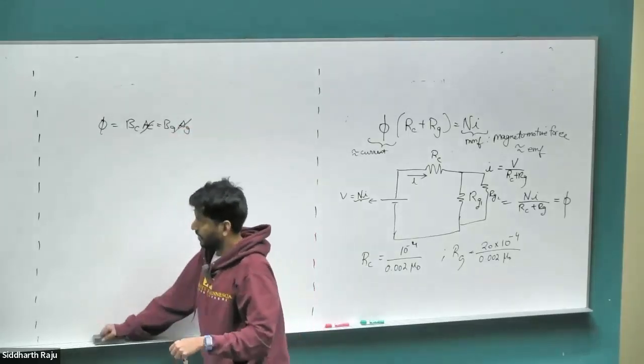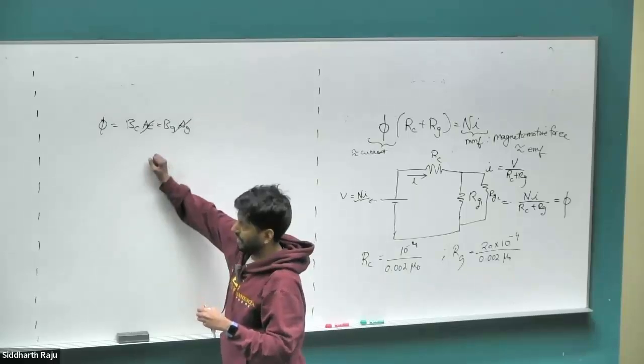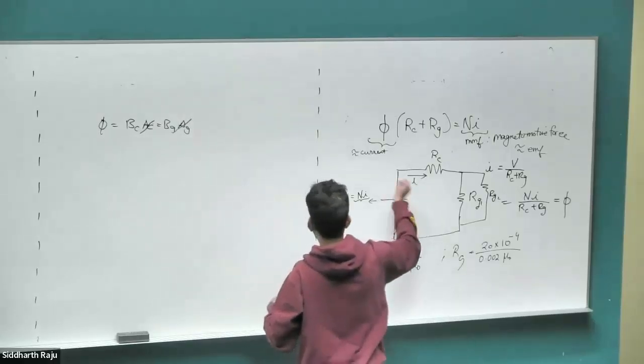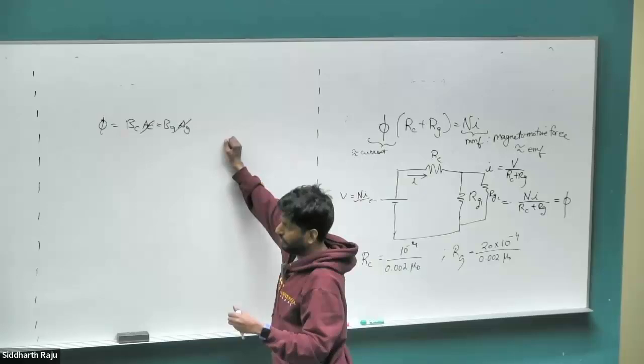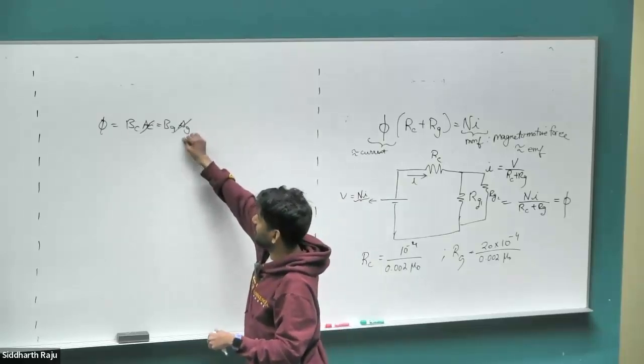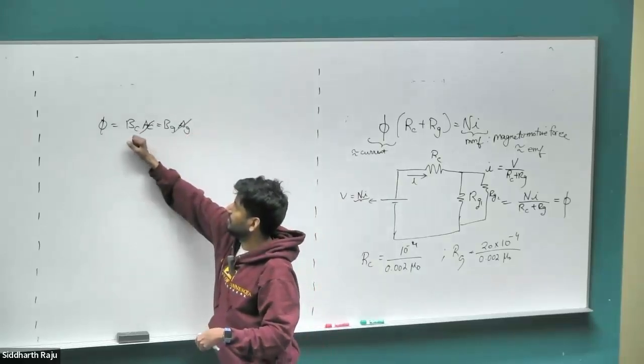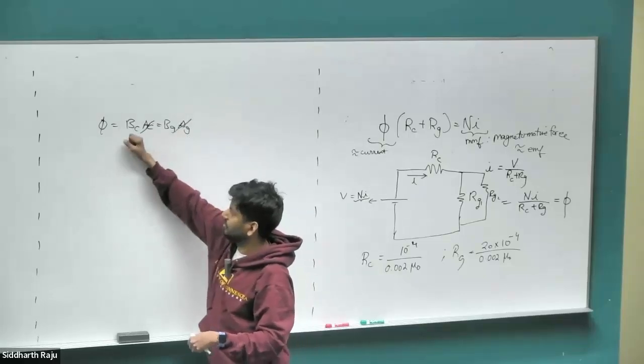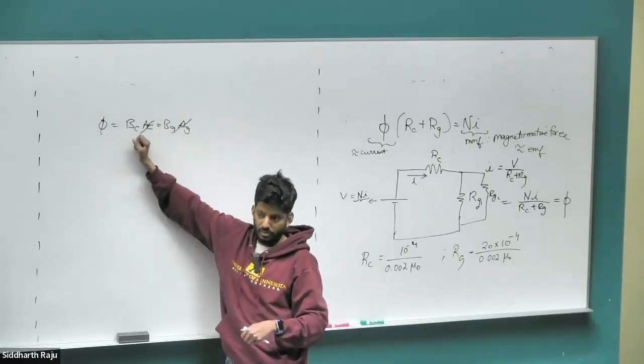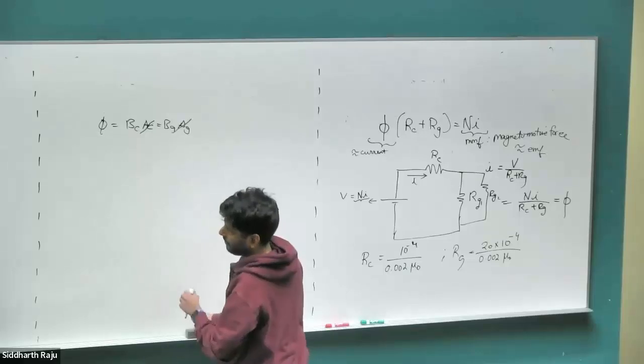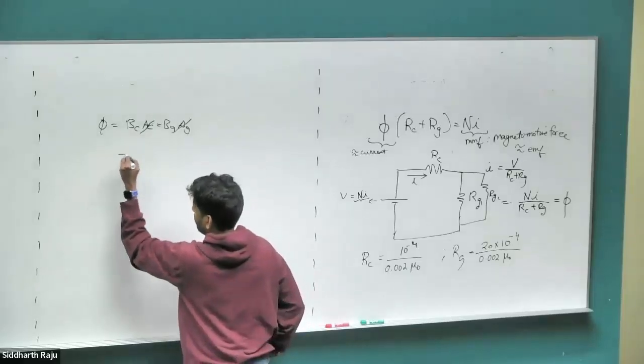Okay? But going back to the question Thomas had asked, if we consider the fringing effect, then AG becomes larger, right? So the BG would end up being smaller than BC when fringing comes into picture. So let's look at another magnetic circuit.